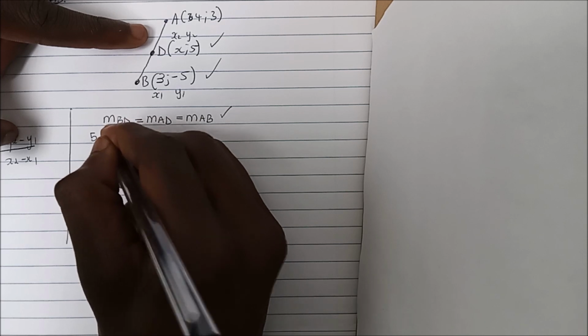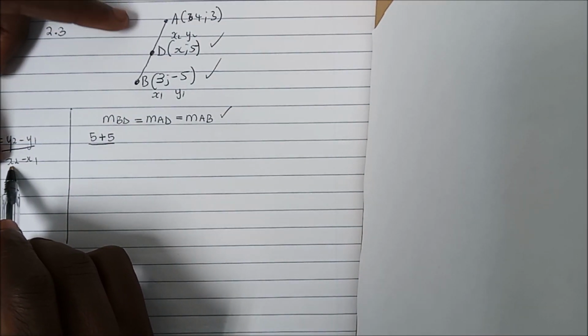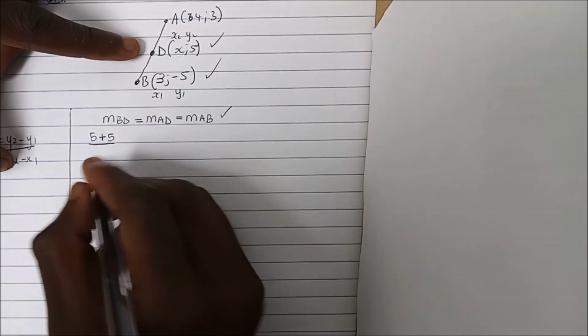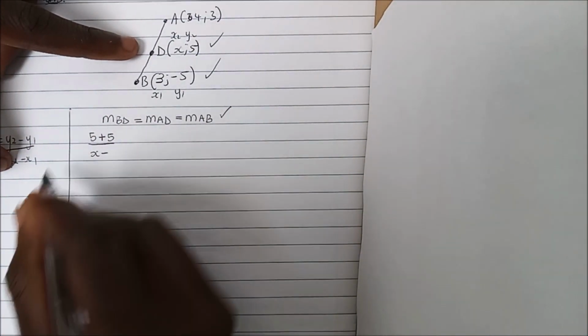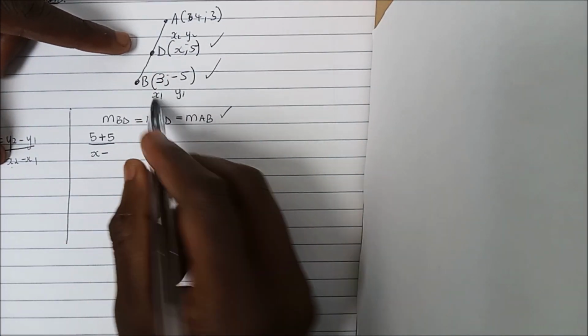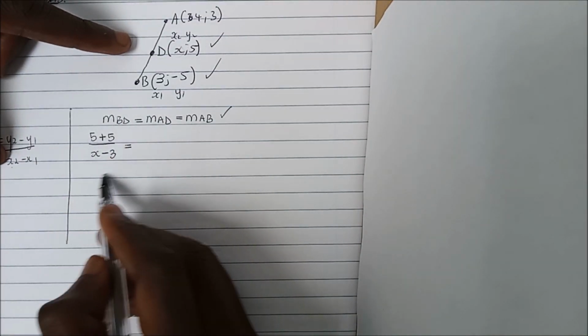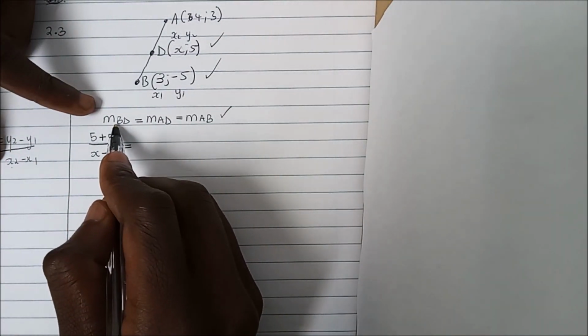So we have plus 5 over. And then what's going to be our x2? From the naming again, our x2 is going to be x. So we have x minus, and then what's going to be our x1? Our x1 is going to be 3. So we're done with the first part, which is finding the gradient for BD.